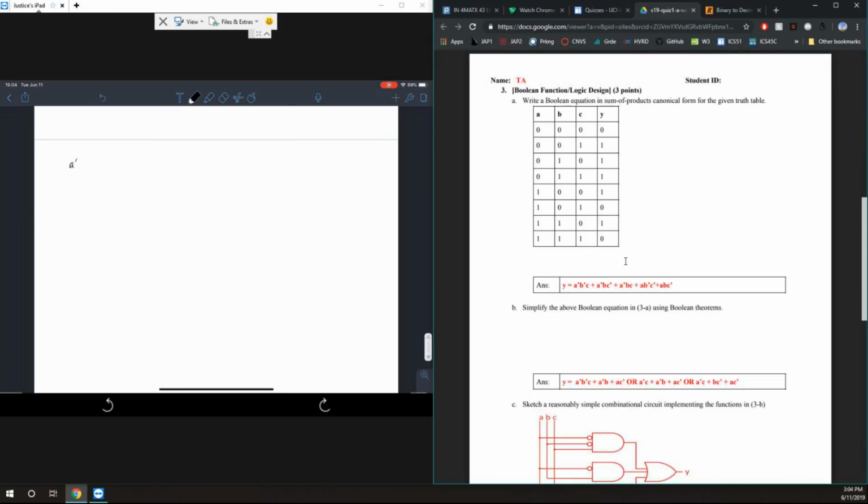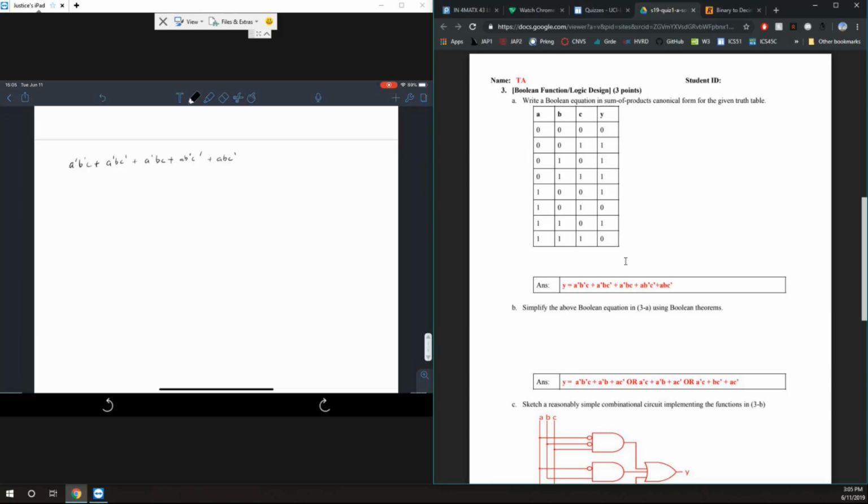So we have A complement B complement C, plus A complement B C complement, plus A complement B C, plus A B C, plus A B complement C, plus A B C. Cool, so that's where we're at right now.